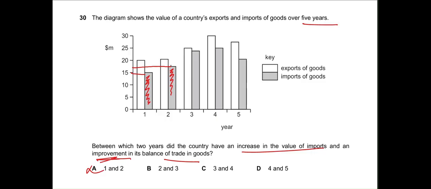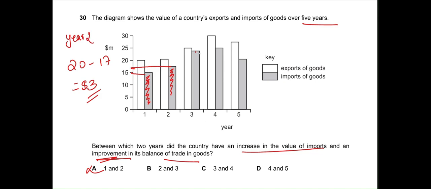Let's see option number B, 2 and 3. Again over here my import was around 16 and a half, or I can say 17. Over here my import increased. So there was no improvement in years 2 and 3. If my import is 17 and my export 20, I would have a surplus of $3 million in year 2.